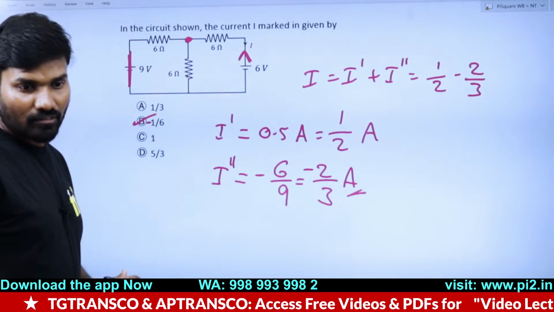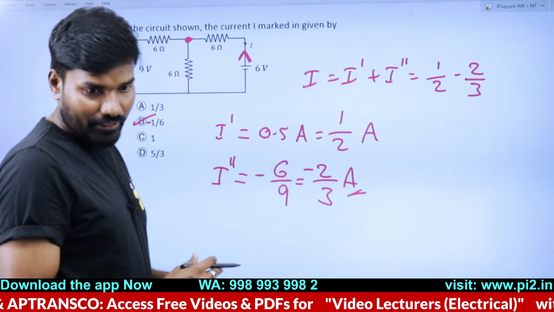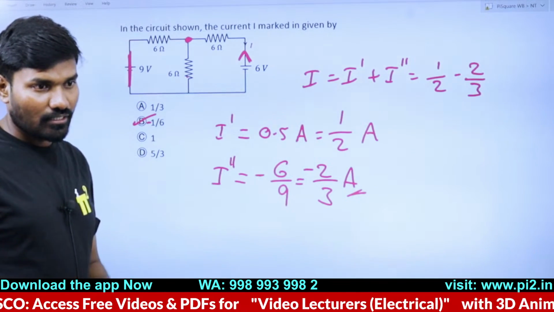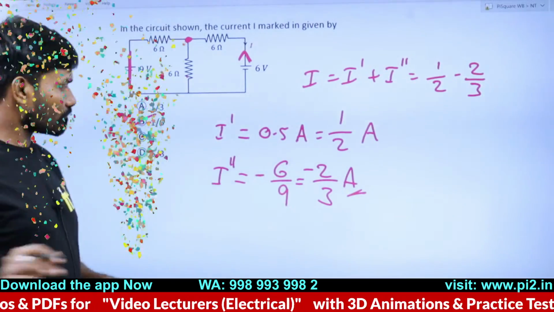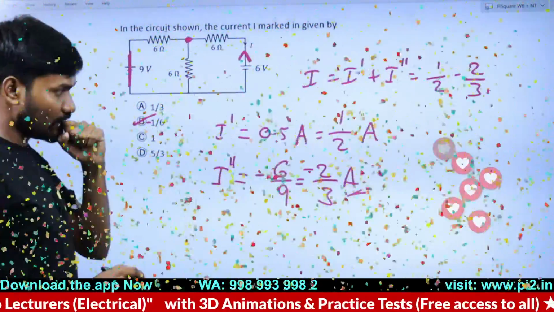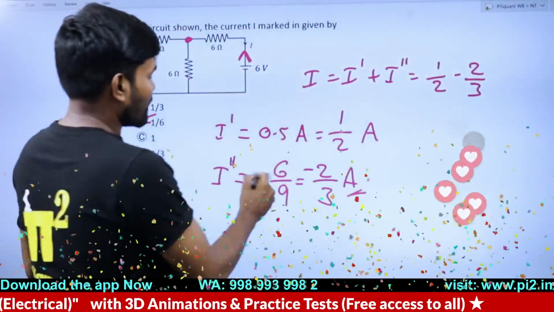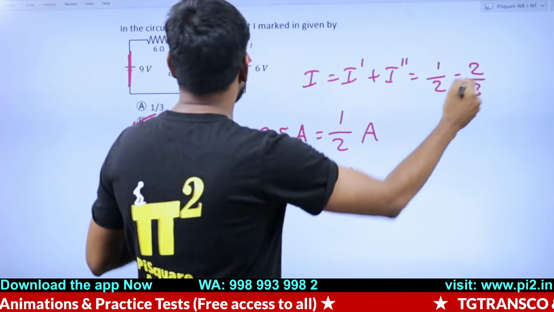Did anyone get it? Madhuteja has got it correct, negative. Yes, guys. Good. There is some glitch in taking the options, so this is minus 1 by 6. This is 6 by 9, this is minus 2 by 3, and 1 by 2 minus 2 by 3 is minus 1 by 6.